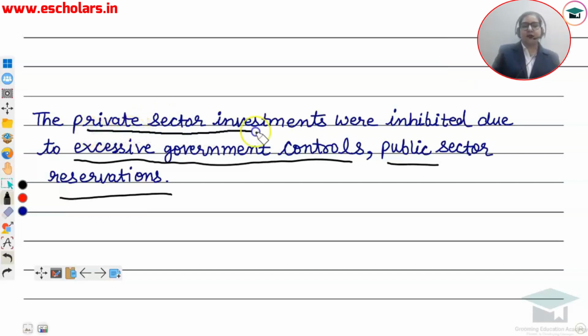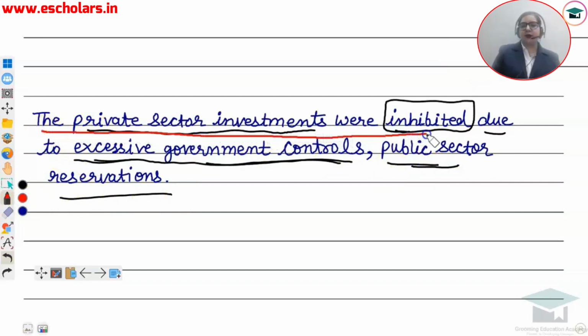So the private sector investments were inhibited, or you can say were reduced, due to excessive government controls and public sector reservations. So let's recall it till now. The private sector investments were inhibited due to excessive government controls and public sector reservations.